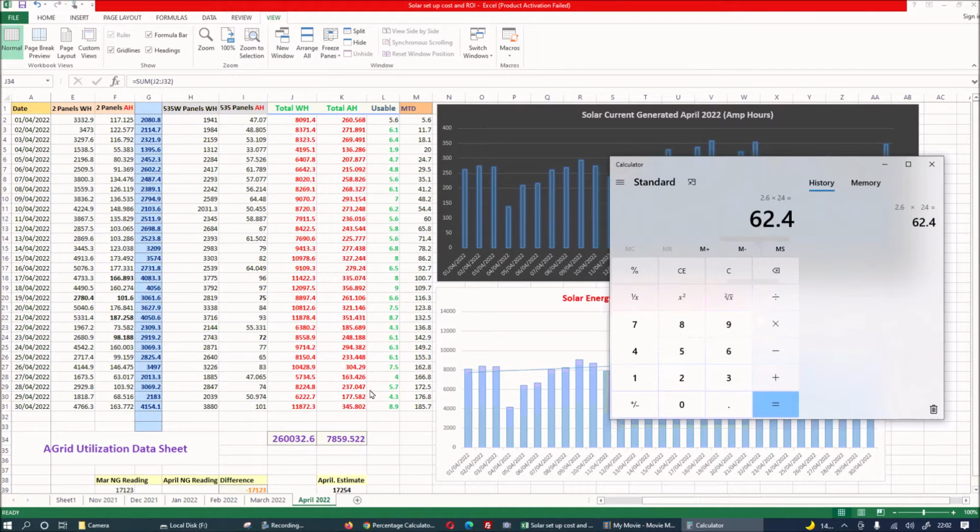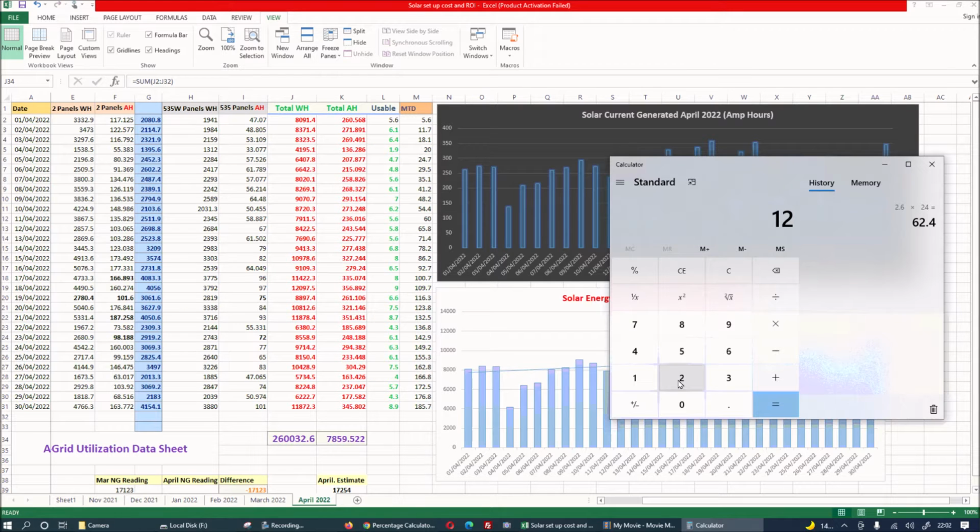Now, I would have this inverter turned on for roughly an average of 11 hours a day, because I've had a lot of sun in this April. So I would say around 12. Let me just put it at 12.